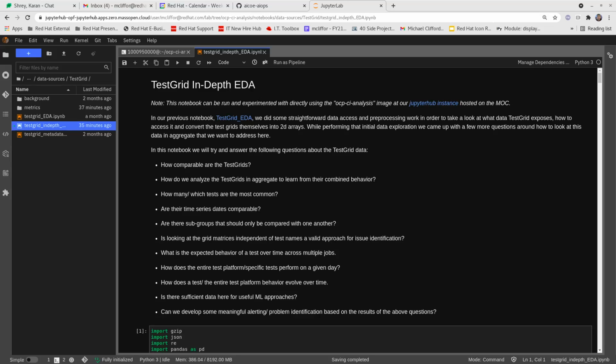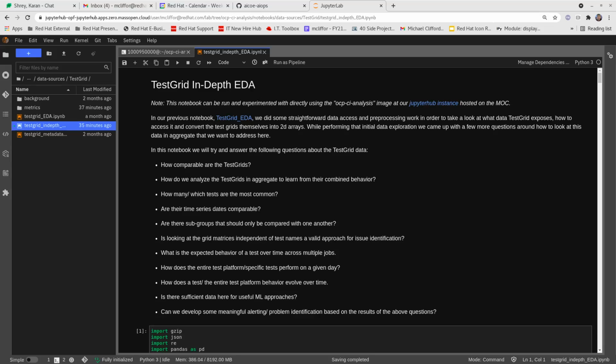Maybe if you look at all the grids together, they seem to have a lot of variability, but maybe there are some subgroups that can be compared directly with each other. We also want to know if looking at the grid matrices, just the pure patterns independent of the job or the specific tests, is a valid approach for different kinds of issue identification or failure classification problems.